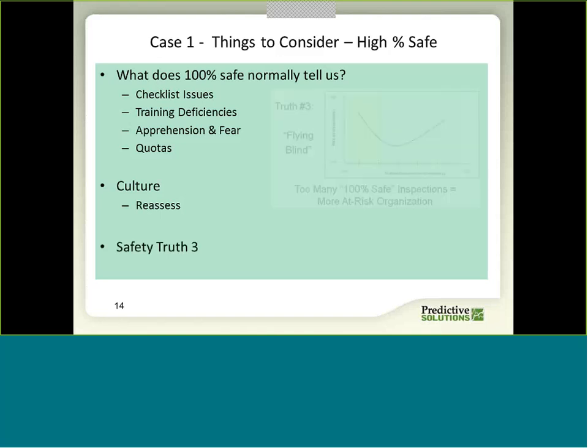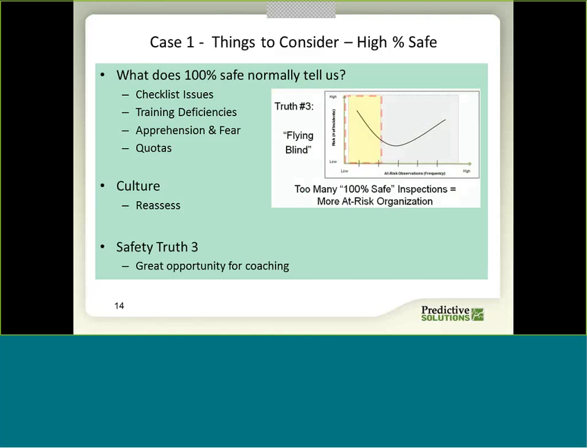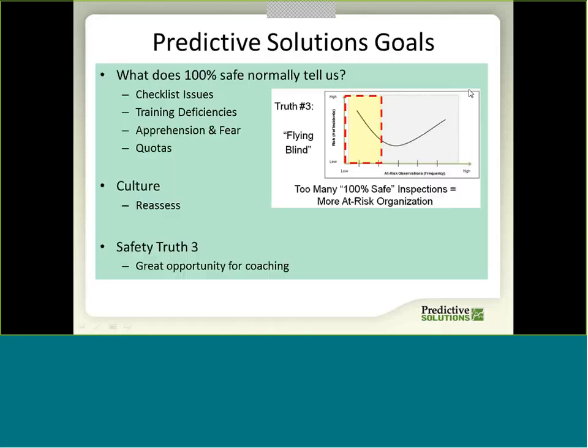And safety truth 3, we have 4 safety truths. Now, this is based on our predictive models. The chart you see on the right is actually truth number 3. On the left-hand side, you have the risk of incidents, and on the bottom we have the at-risk observations, the frequency, right?